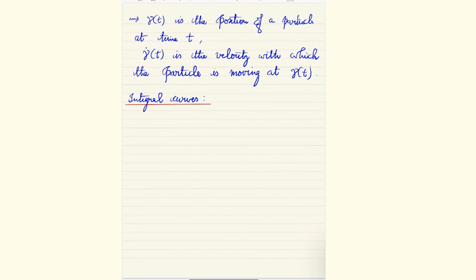Integral curves. You are given a smooth vector field X: U to R^(n+1) times R^(n+1), where U is open. This is always going to be the case unless I state otherwise.